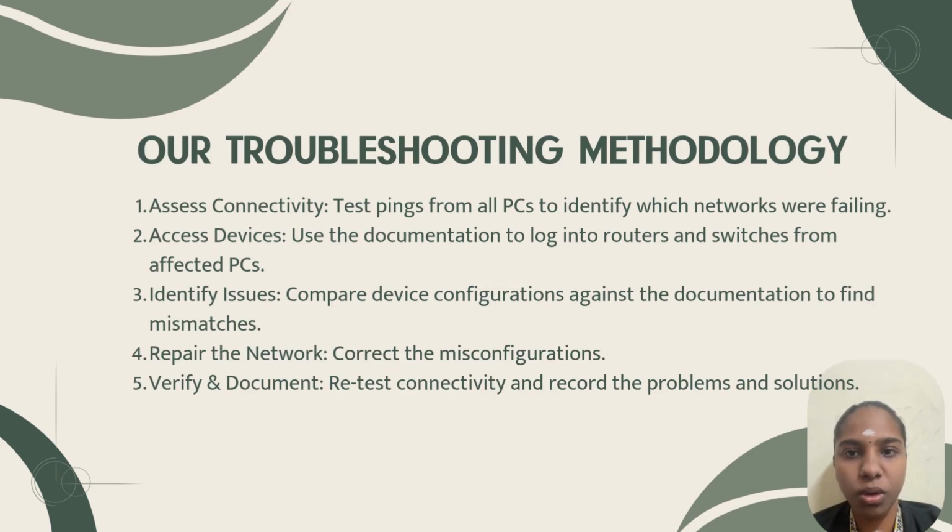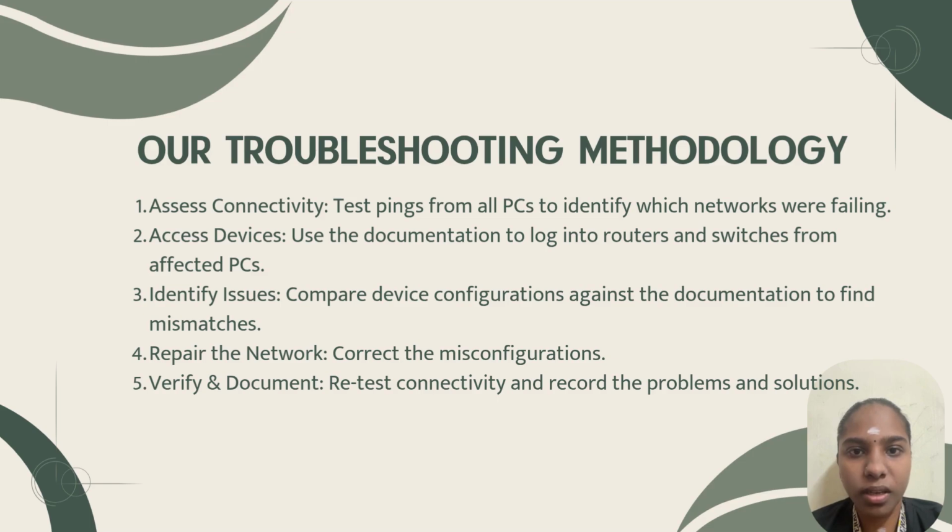To solve this issue, our team followed a structured step-by-step methodology. First, we assessed the connectivity by running ping tests from all the PCs. This helped us map out where the connection failures were happening. Next, we referred to the network documentation to access the routers and switches in the affected areas.